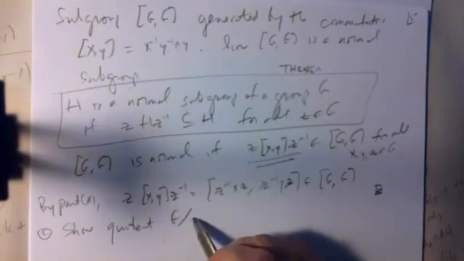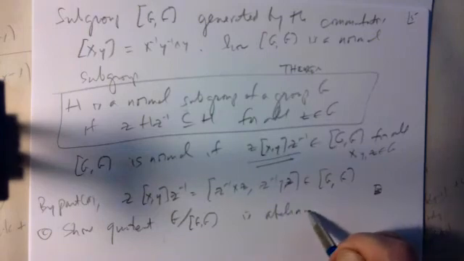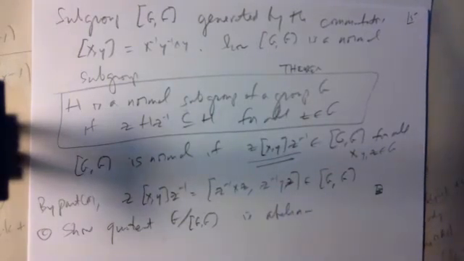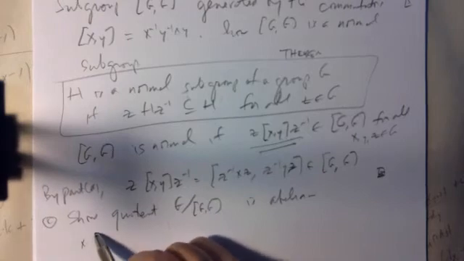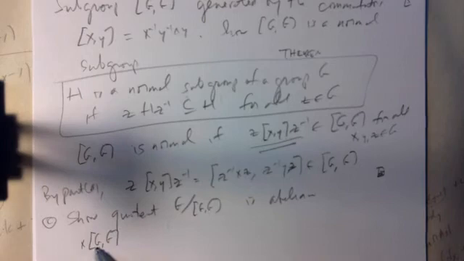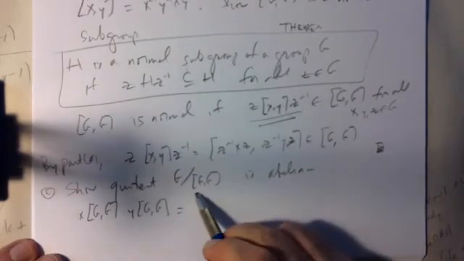And the last part of the problem is to show the quotient group G mod the commutator subgroup is abelian. So this means you want to show that if you take two cosets, this is one coset of this subgroup, and this is another coset, you get the same result no matter what the order.